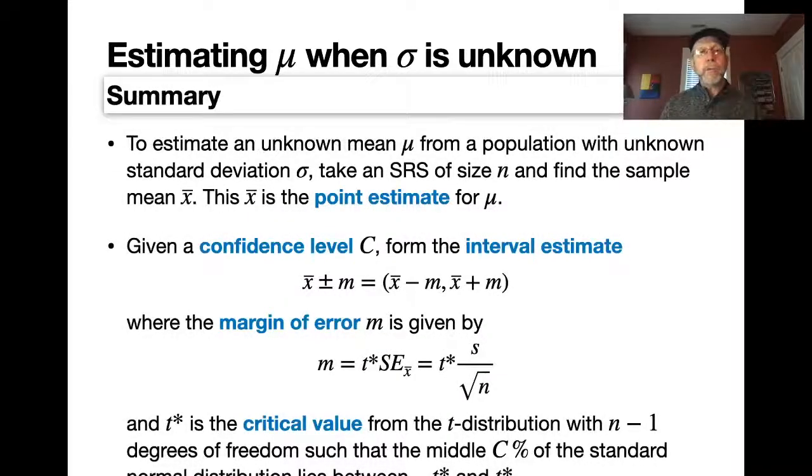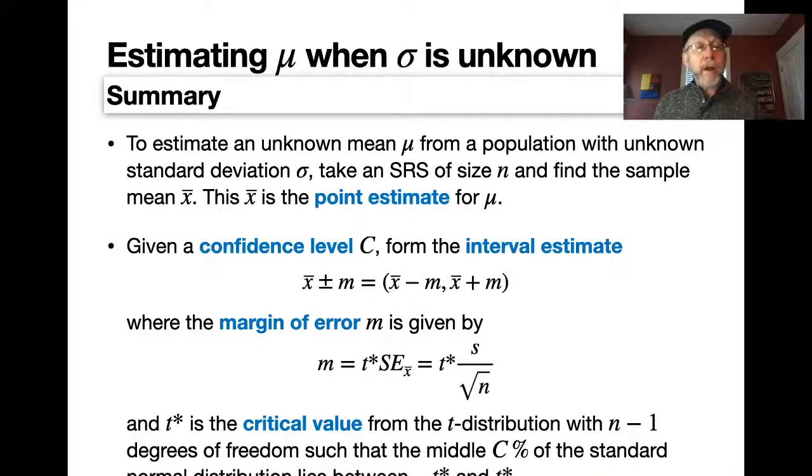So that, in summary, are the changes that are necessary when estimating mu when sigma is unknown. We use the same point estimate for mu, that is x bar. We form a confidence interval in the same way, that is, by slapping a margin of error to the left and right of our point estimate x bar. But the margin of error is calculated a little bit differently.